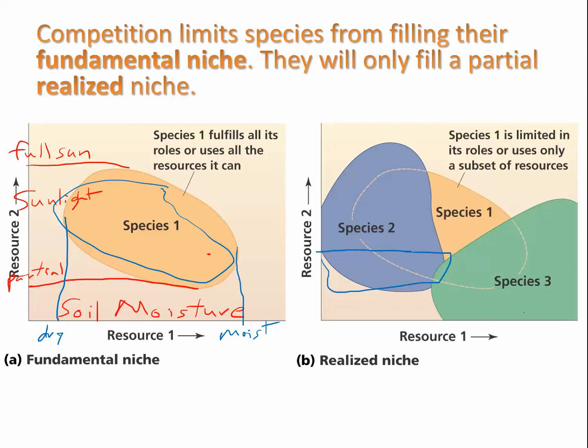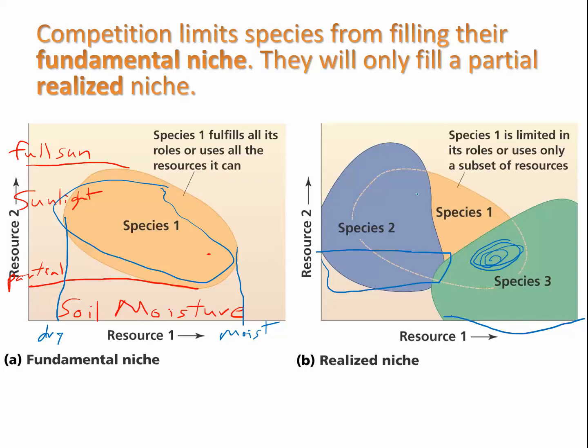Or because species 3 might really thrive in areas of high moisture, it's going to end up boxing out the plants that may have been able to tolerate the higher moisture of species 1. Species 1 here is going to get confined to a smaller range.